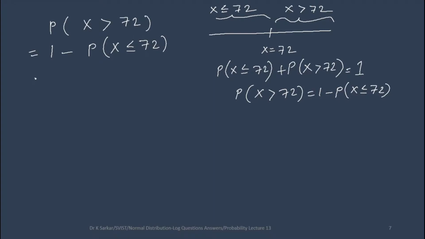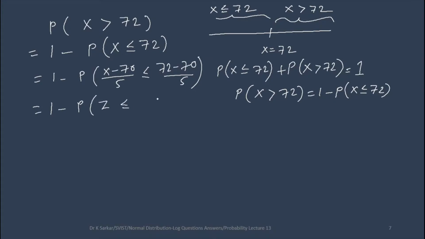So this is 1 minus probability of x minus 70 by 5 less than or equal to 72 minus 70 by 5, that is 1 minus probability of z less than or equal to 2 by 5, that is 0.4. So we can write 1 by root of 2 pi integration 0 to 0.4 e power minus t square by 2 dt.